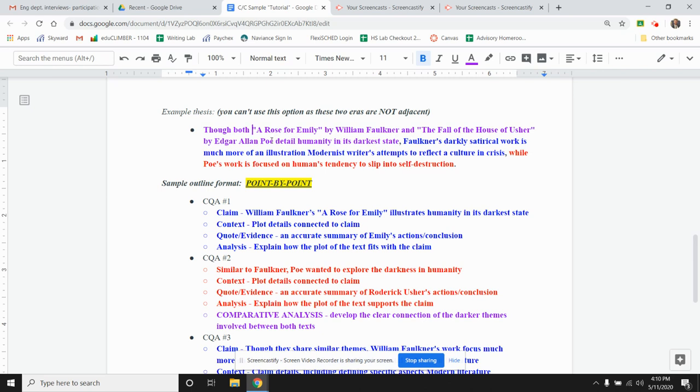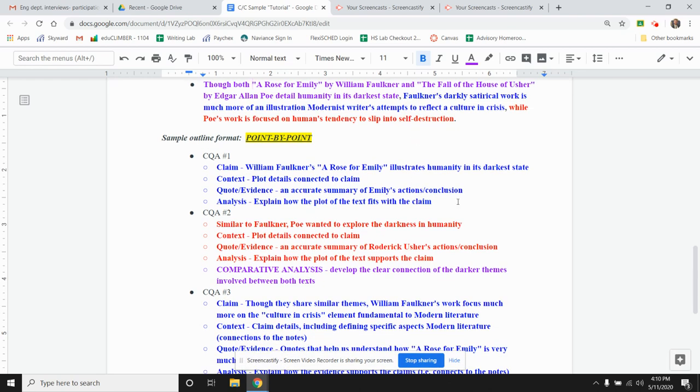Faulkner's work is much more of an illustration of a modernist writer's attempt to reflect a culture in crisis, while Poe's work is focused on humans' tendency to slip into self-destruction. All right? Point by point simply means that you're focusing on one subpoint and then moving to the next subpoint and the next subpoint.